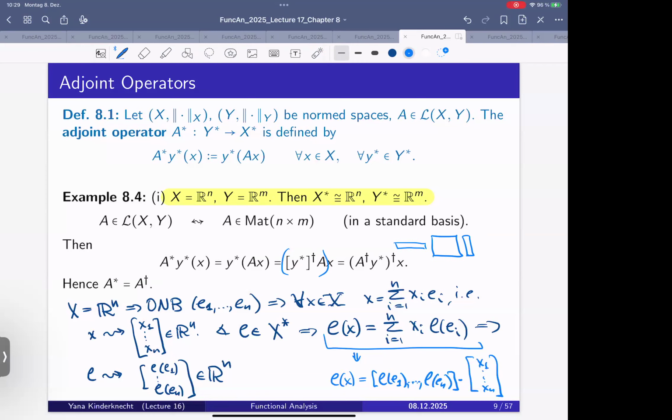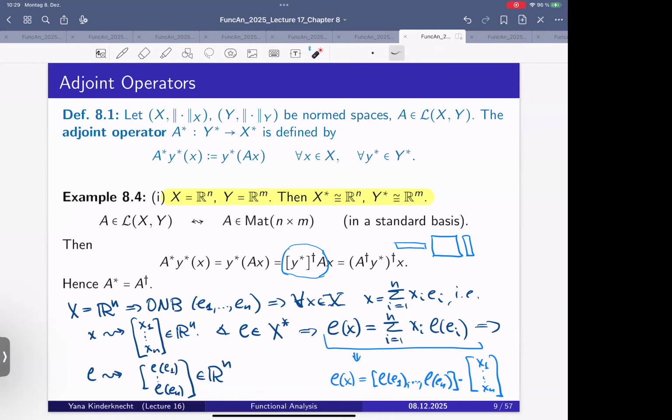And now I want to rewrite it so that I multiply something not from the left, but from the right.